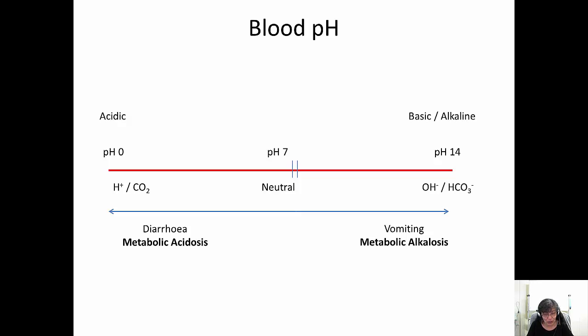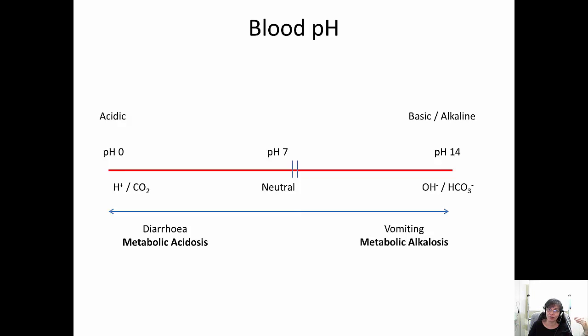The kidneys reabsorb bicarbonate or hydrogen, and that regulates the amount of hydrogen or bicarbonate in our systems, and that regulates the pH. This is a slower process. Respiration is certainly a quick process, whereas the kidneys work a lot slower. But nonetheless, one compensates for the other.